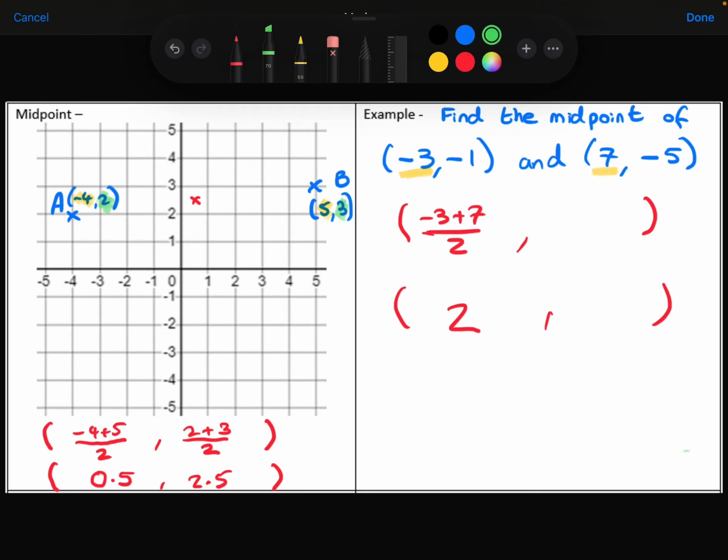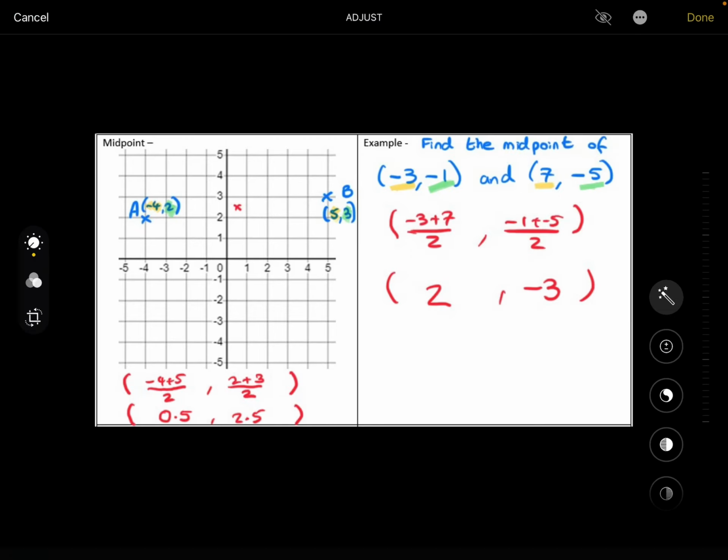And then do the same thing with the y coordinates. -1 plus -5 divided by 2. So we get -1 plus -5 is -6. -6 divided by 2 is -3. So the point 2, -3 is the midpoint of those two coordinates.